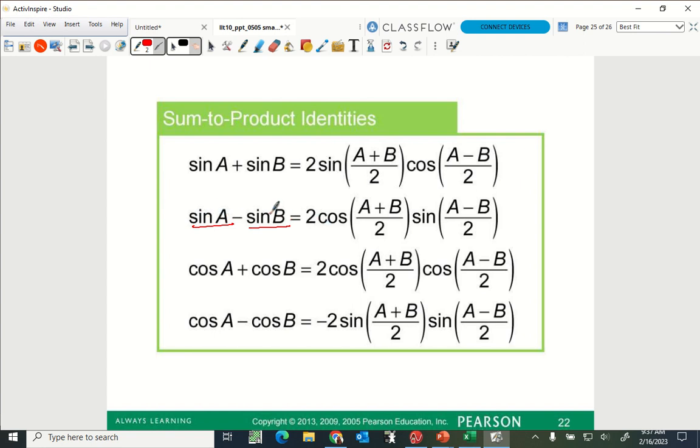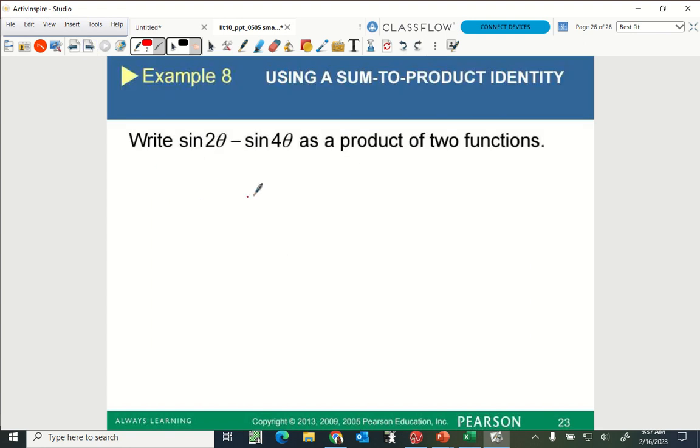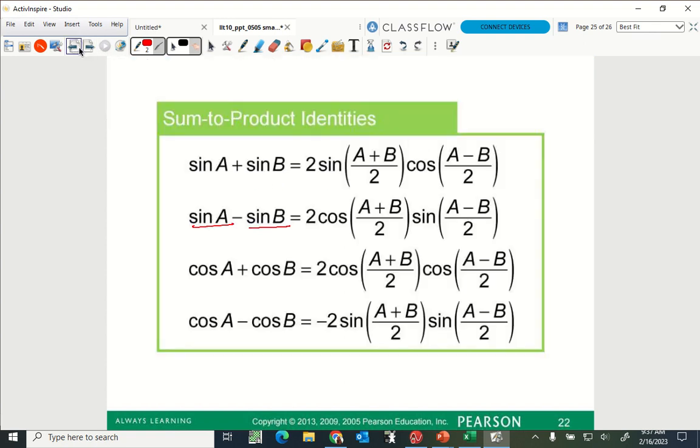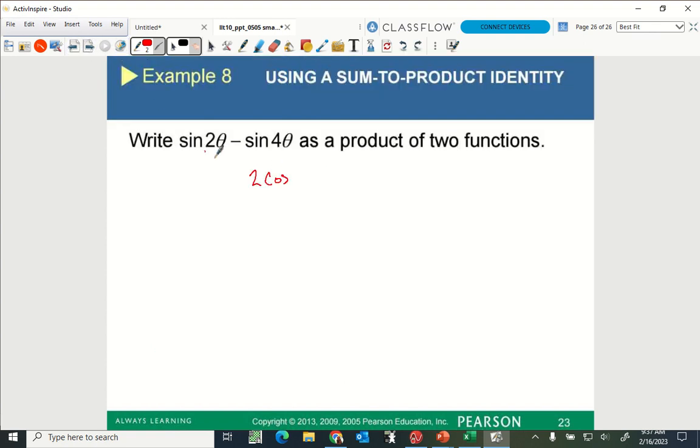So I have my A and my B, and then I'm going to combine this, and it's going to end up becoming 2 cosine of A plus B divided by 2.